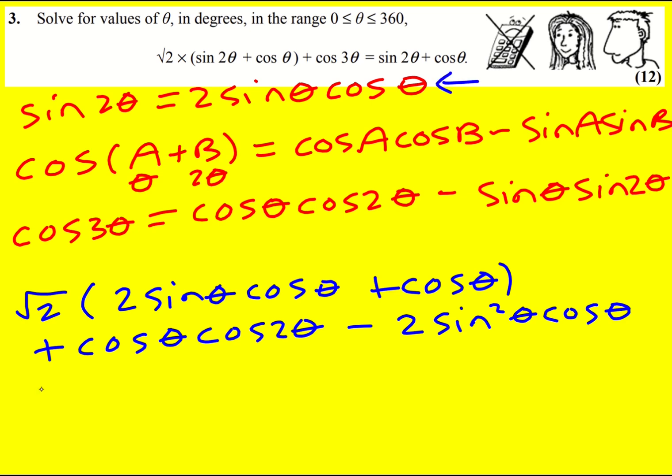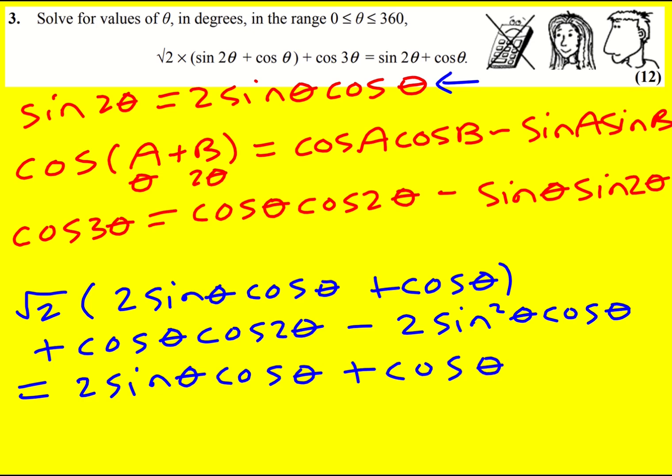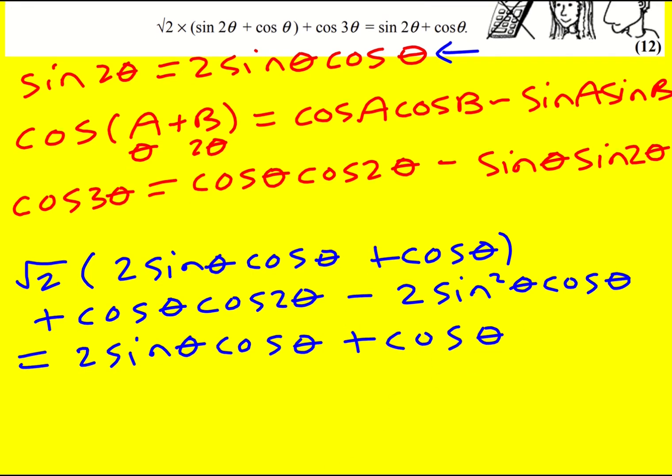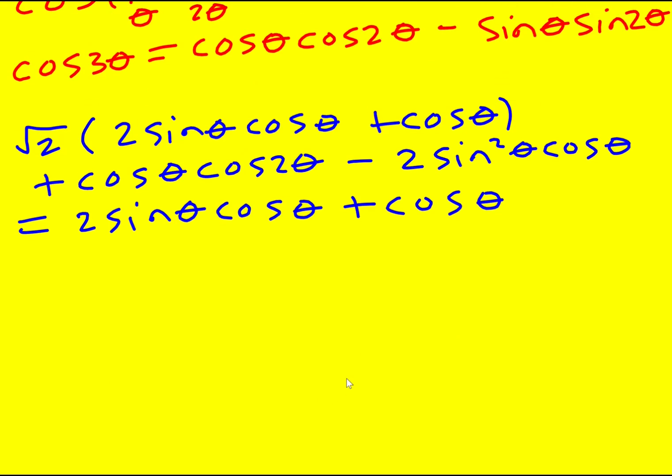And all of that is equal to 2 sine theta cos theta plus cos theta. Alright. I think to be safe, just for the moment, I'm going to replace cos 2 theta in its most standard form as cos squared theta minus sine squared theta, and then we'll see what's happening.